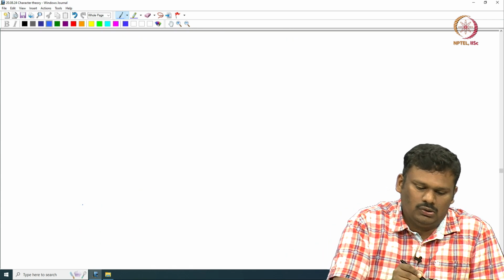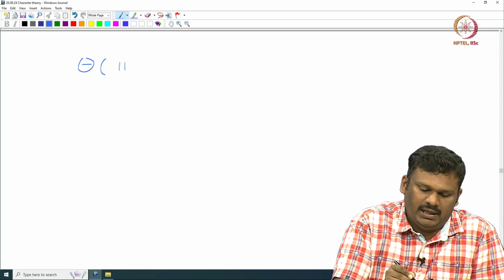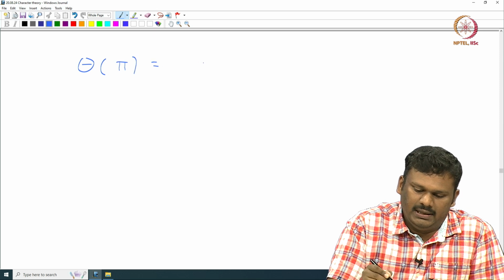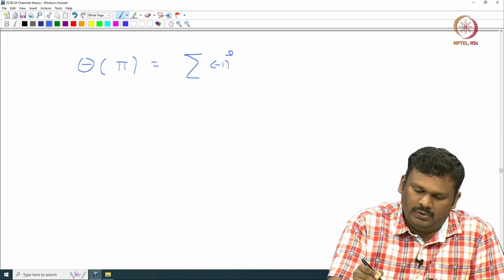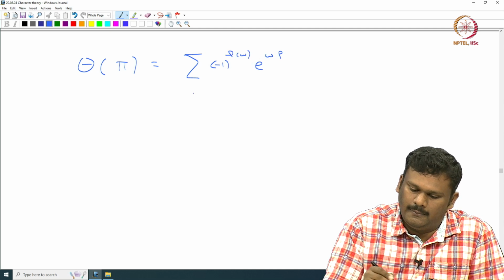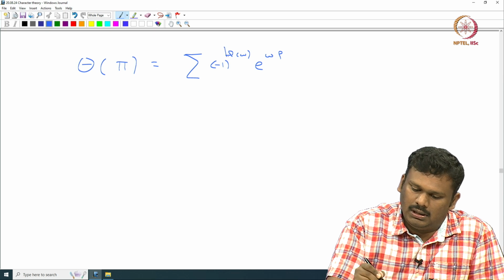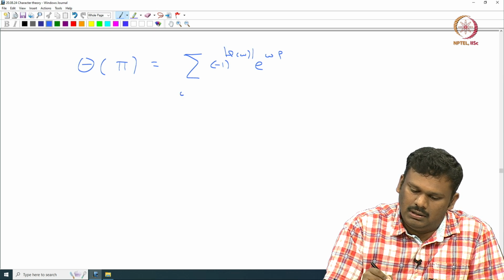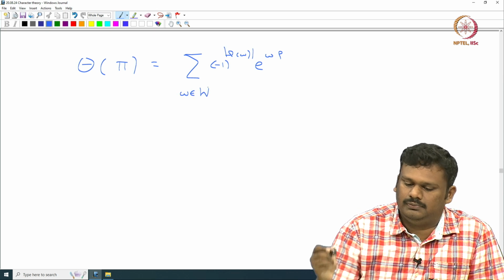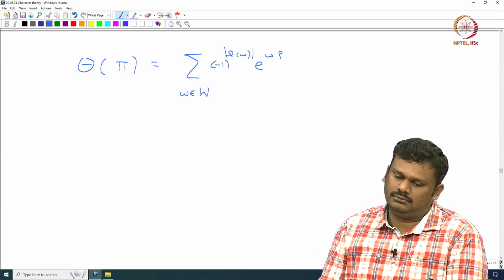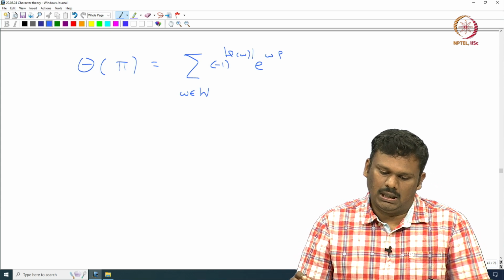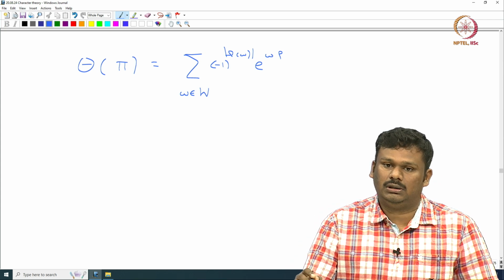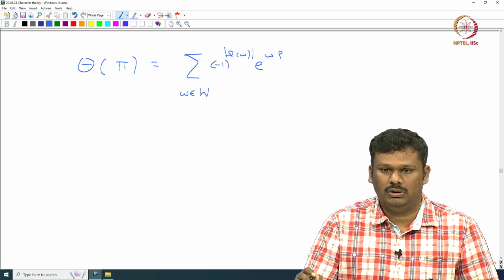Okay. So, let us look at theta of pi. Then theta of pi is going to give us the summation of minus 1 power omega of W, e power W rho, where W comes from W. So, it is not hard to see that W rho equal to W dash rho will imply W equal to W dash.